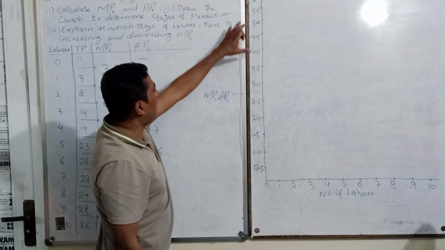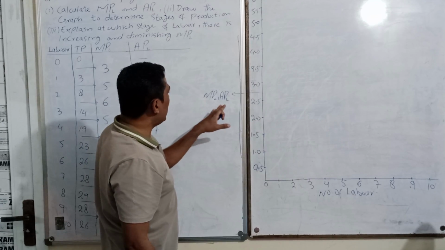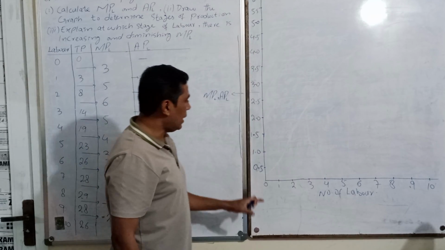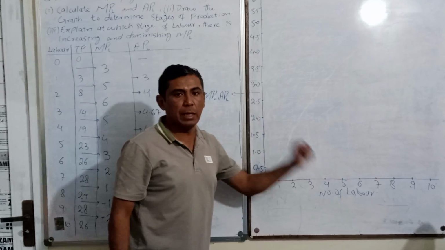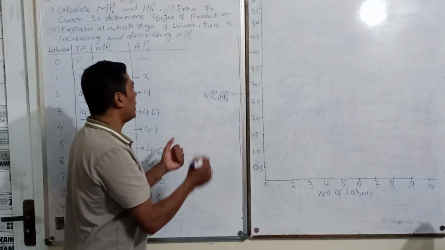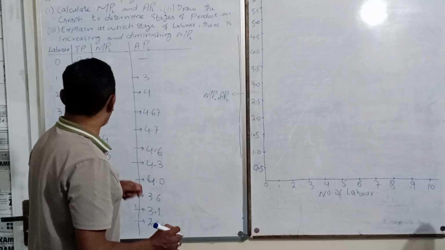What does it mean? I am measuring APL and MPL on the y-axis and the number of labor on the x-axis. Clear? So just take here. So now plot.